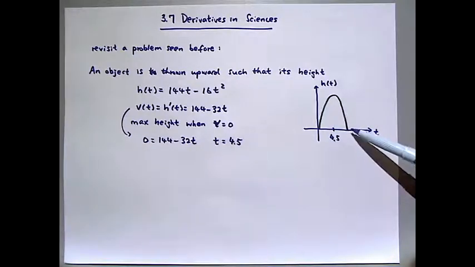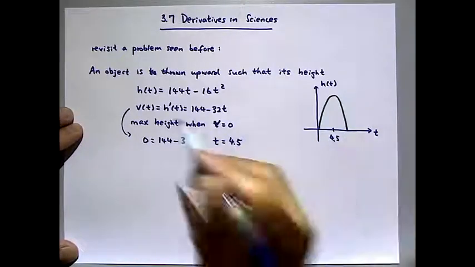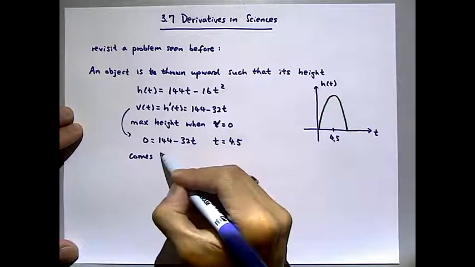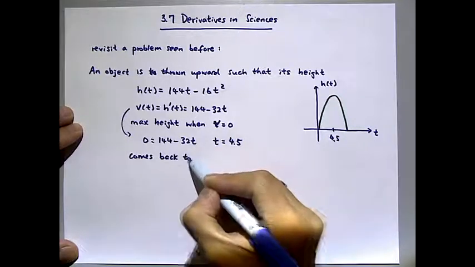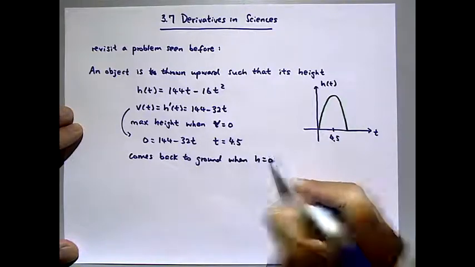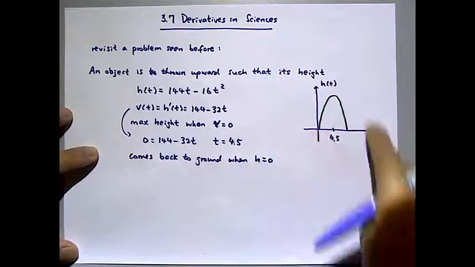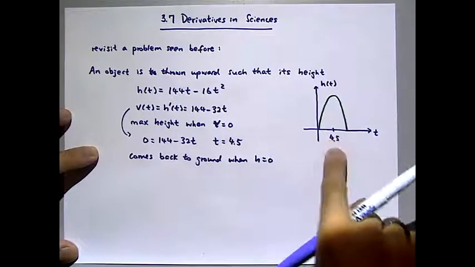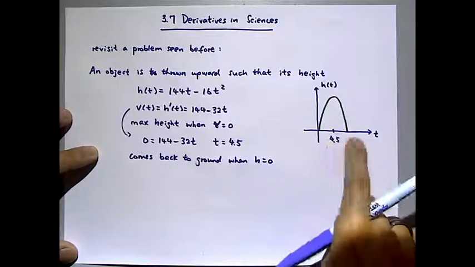Okay, do you remember how to find the time it takes for this thing to come back down? What's that? It's double that, but in general, how would you find that? When h is equal to 0, absolutely. So let's find this time too. Okay, and he's absolutely right. This is a parabola, so that the vertex is halfway between the two intercepts.